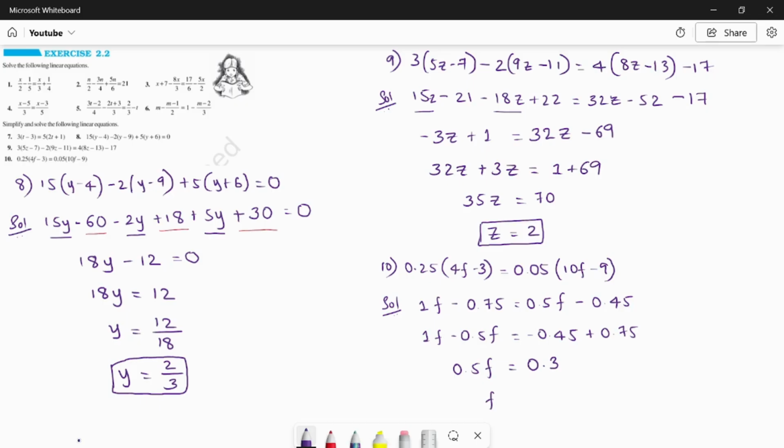So f will be equal to 0.3/0.5, that is equal to 0.6.